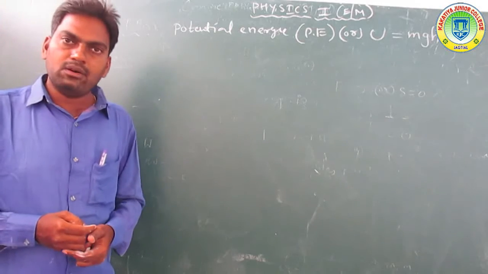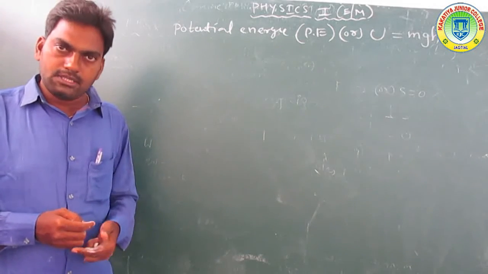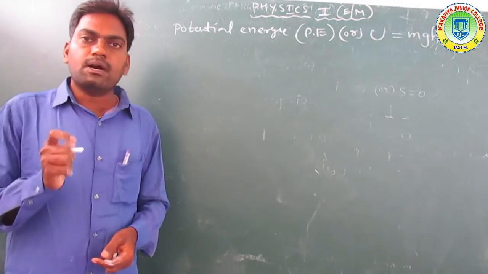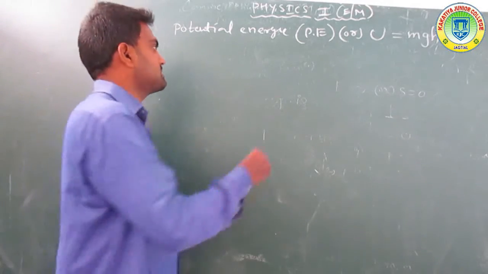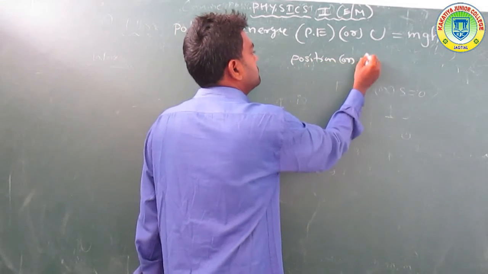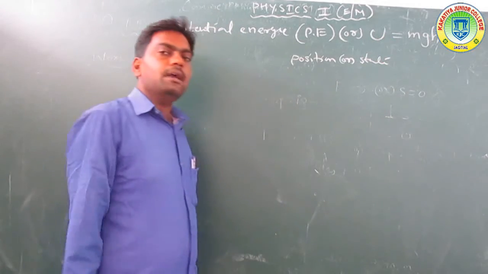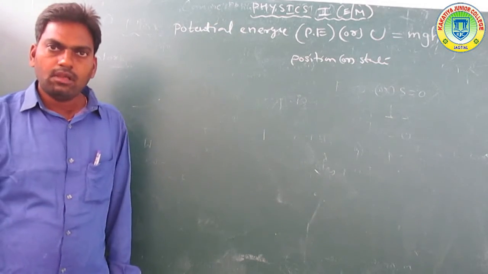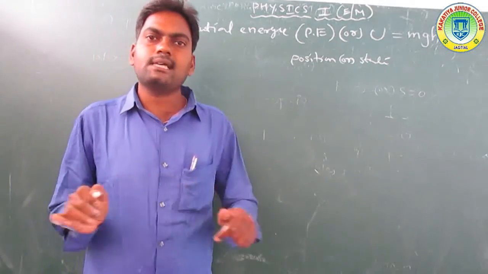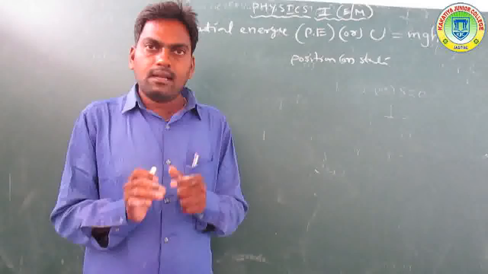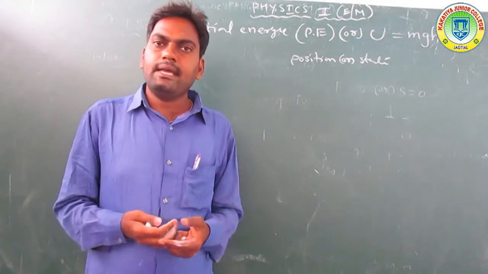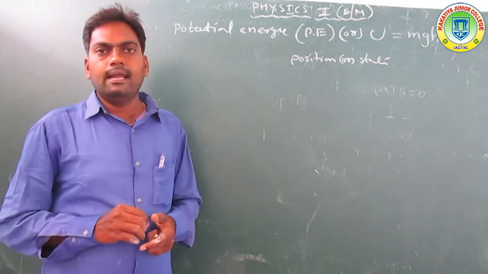How do we define potential energy? Potential energy is the energy possessed by a body by virtue of its position or state. For example, water stored in a reservoir, or a stretched rubber. Many examples are found in daily life.